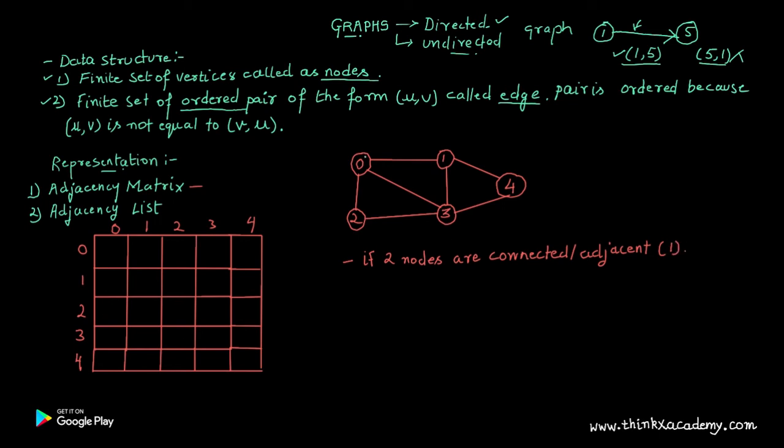So let's take an example of 0, 1. You can see that in the position 0, 1, since 0 is connected to 1, I'm going to write 1 in this box. So basically I will store the position of array 0, 1 equals 1.